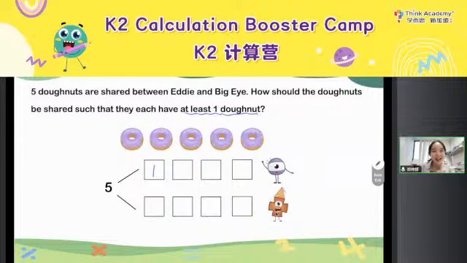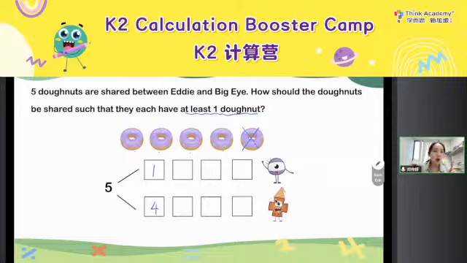Oh, so many, right? So now for 5 donuts in here, if you already gave away 1, you cross out 1. 1 disappears. All right, and how many are there left? 1, 2, 3, 4. So 4 donuts for Addie.